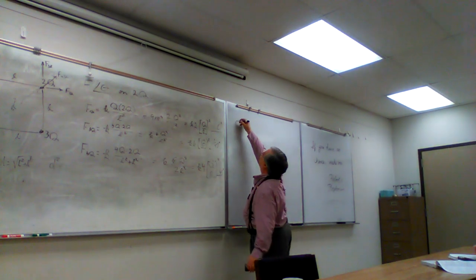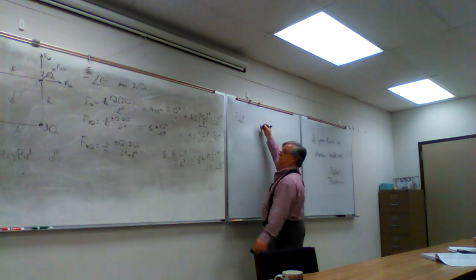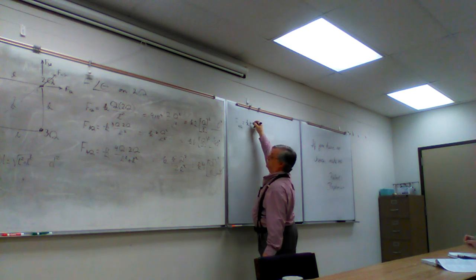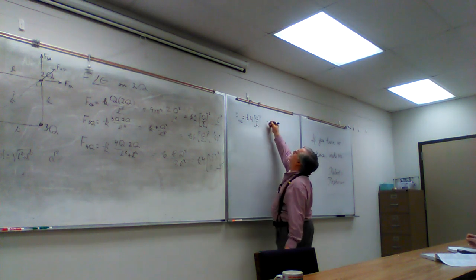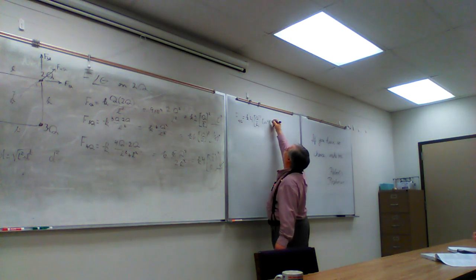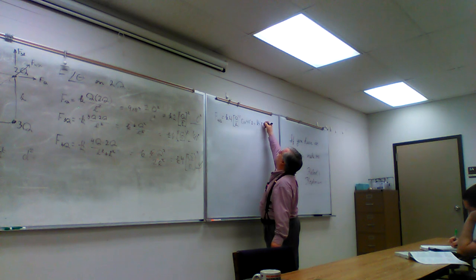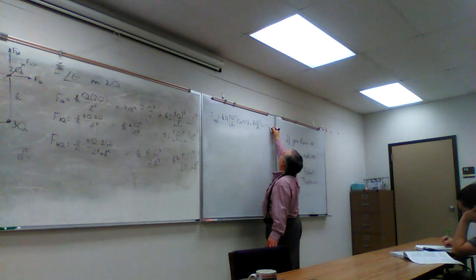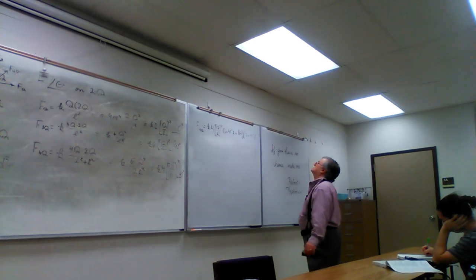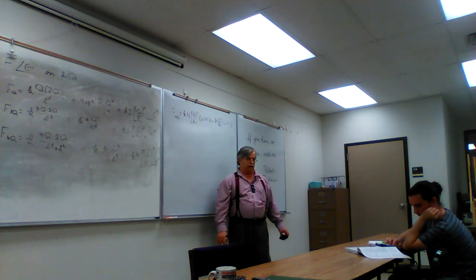We've got the force due to 4Q is equal to K times 4 times Q over L squared times the cosine of 45 degrees I plus K4Q over L squared times the sine of 45 degrees J. And now, neither one of them is going to cancel out to 1 or 0.